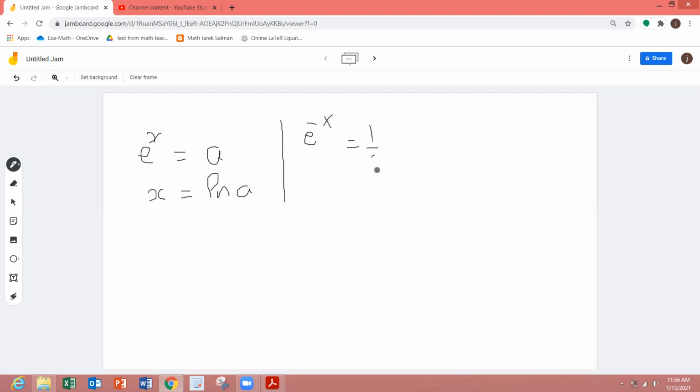How to find the value of x? I put ln on the two sides. So I can say minus x equals ln half, meaning minus x equals ln 1 minus ln 2. So x equals ln 2.